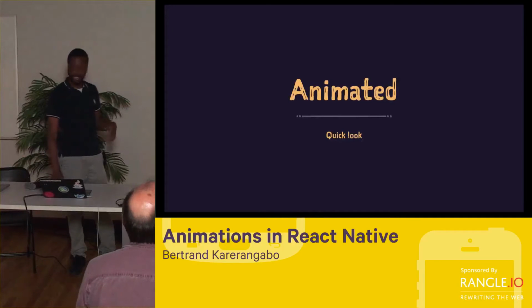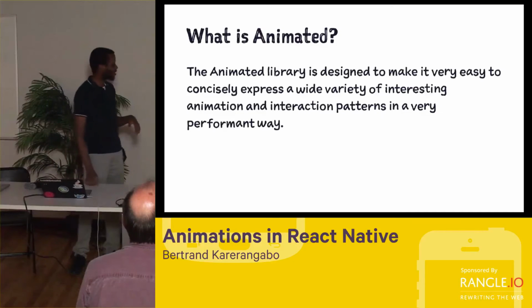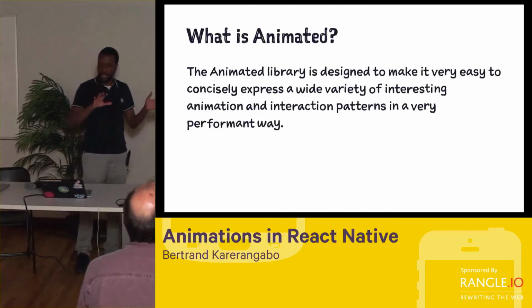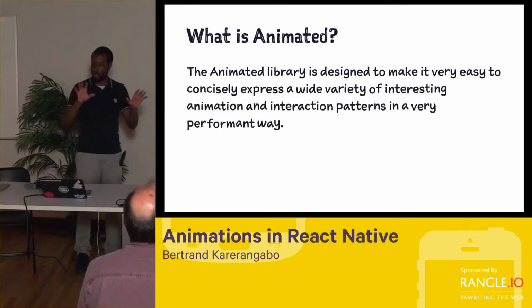So we'll do a quick look, which is actually a very long quick look, but we'll scratch the surface of it. This follows the React philosophy again, as declarative as possible.